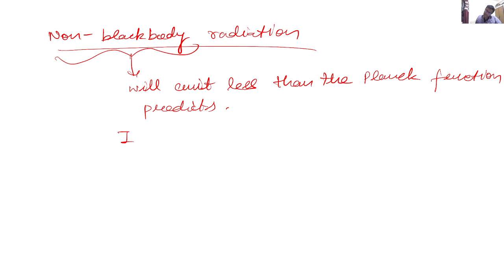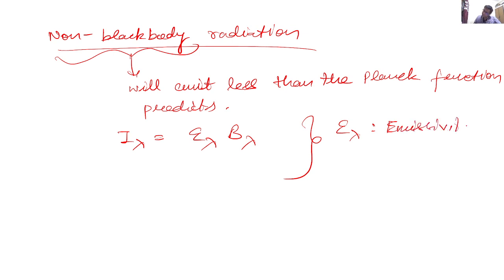So I lambda in that case would be epsilon lambda times B lambda. Epsilon is the emissivity, and it is from 0 to 1 for a non-black body, and epsilon lambda is equal to 1 for a black body.